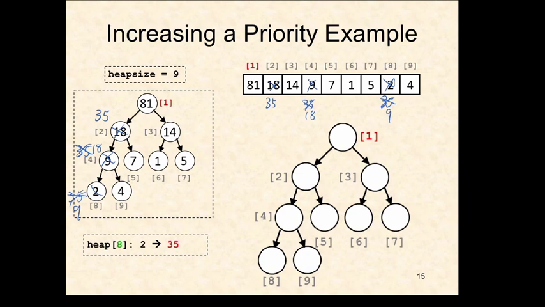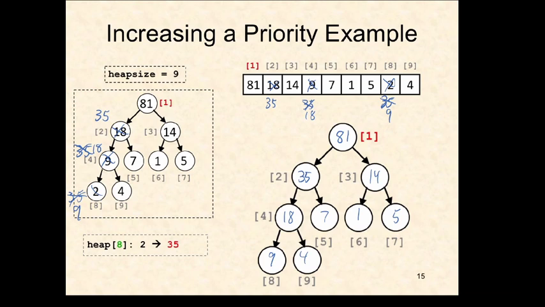And we can redraw it down here in the bottom right. So 81 is still there. 14, 1, and 5. That whole right subtree wasn't affected at all. We never even had to look at it. We've got a 35 here. We've got 18 there. 9 moved down to there, and the 4 and the 7 didn't move because they were in other parts of the subtree.